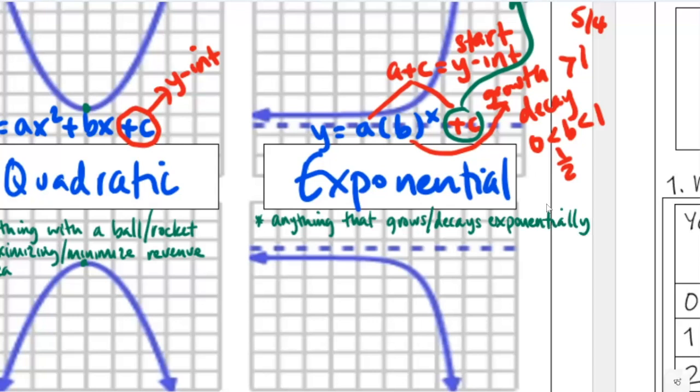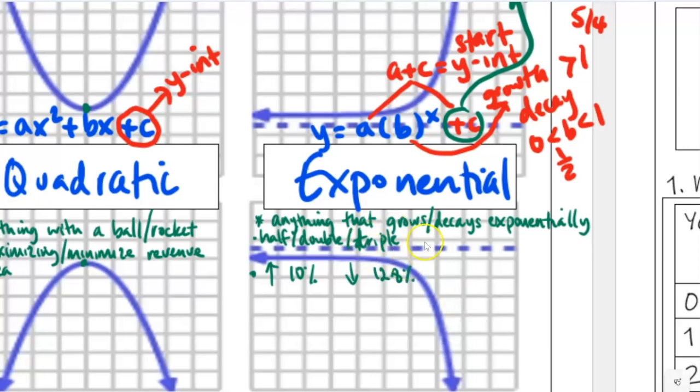exponentially. Okay, so what that means is half, double, triple, quadruple, and I'm not writing all these words. Anything with a percent, so like it's increasing by like 10%, and it doesn't say simple interest. Anything that's like decreasing by, I don't know, 12.8%.